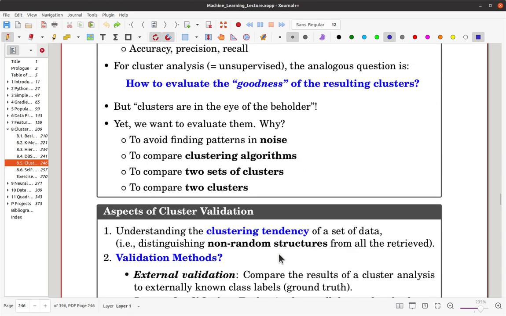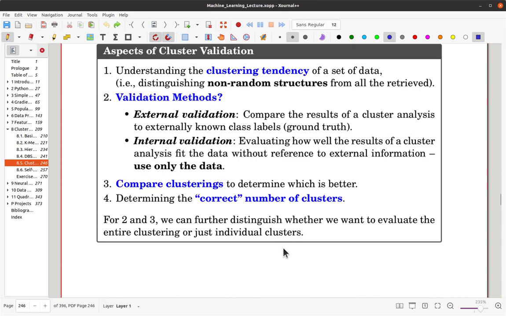Here we have aspects of cluster validation. We have to understand the clustering tendency of the data set so that we can distinguish non-random structures from all the retrieved. That means that random structures from clustering algorithms must be ignored. Now, for validation methods, you may try external validation and or internal validation.